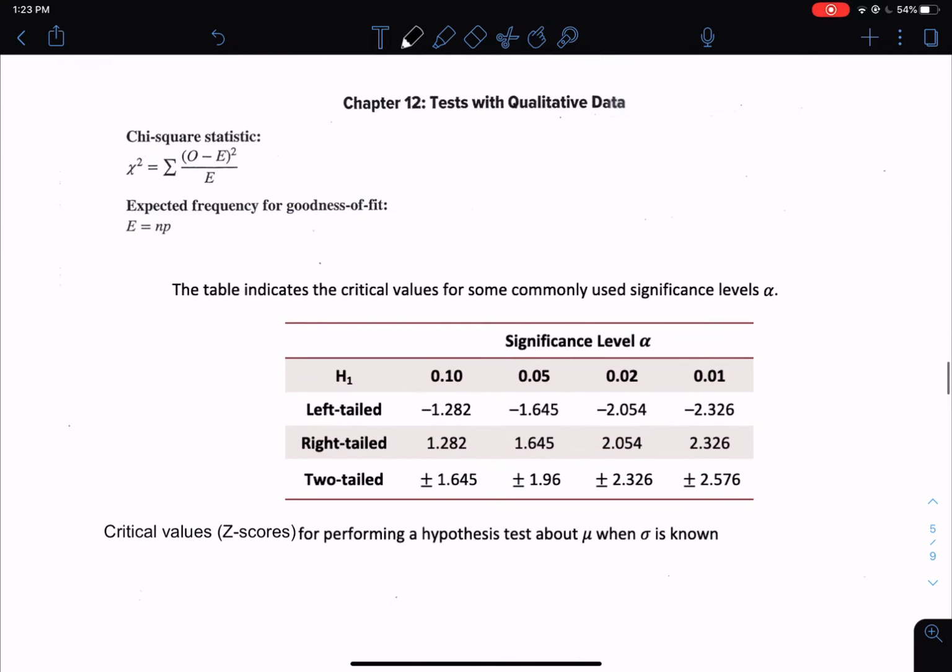There it is, critical values for z-scores. And we want a two-tailed z-score. What was the actual alpha level? Significance level of 0.01, which is way out here, which means those are our critical z-scores, plus or minus 2.576.